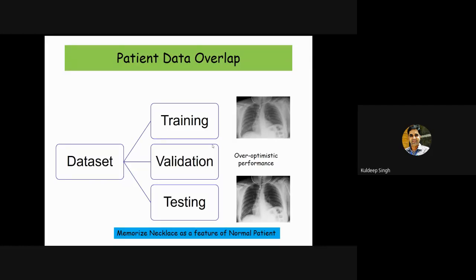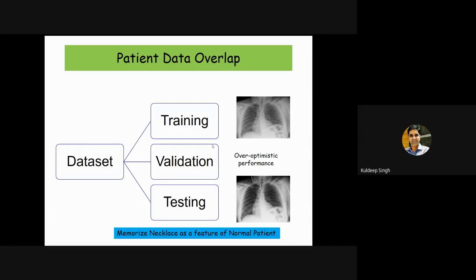Why? It will memorize some kind of information from the chest X-ray which is patient specific, not disease specific. As in the case here, the patient is wearing a necklace in both the chest X-rays. Suppose while training, we have labeled this chest X-ray as a normal image.